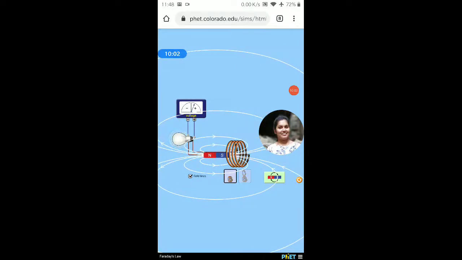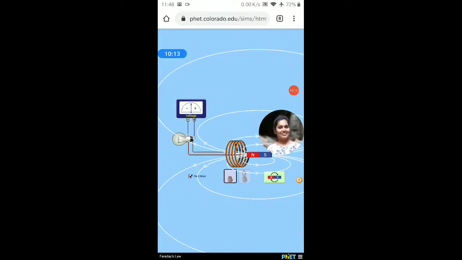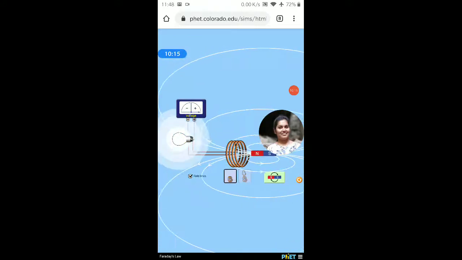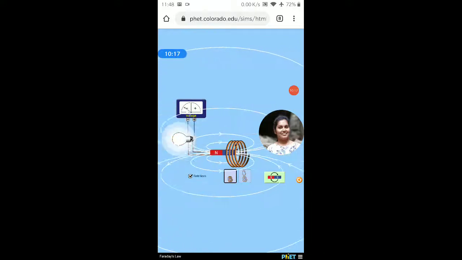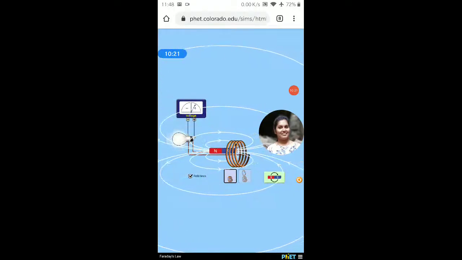And in the voltmeter also, based on the movement of current either inwards or outwards, the voltmeter will move either to the positive side or to the negative side. As this is an alternating current, the waveform will be in alternating fashion.